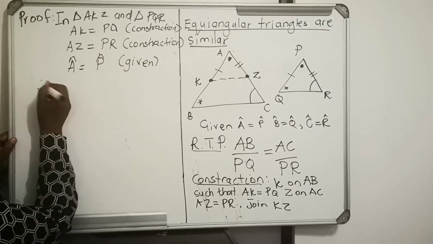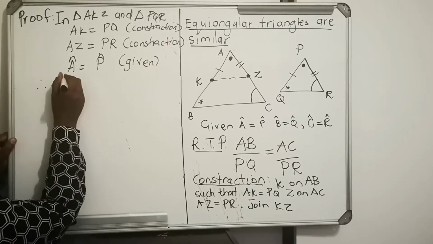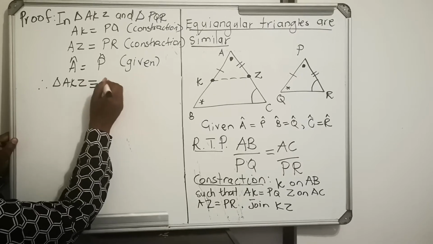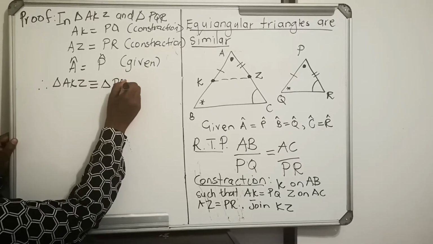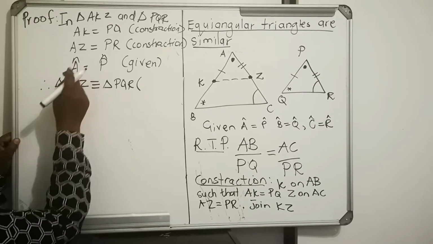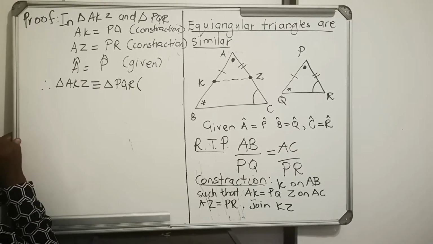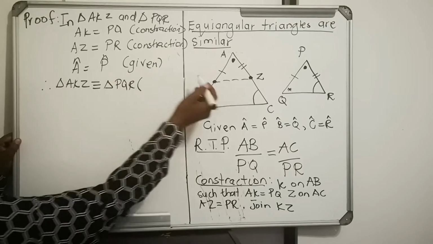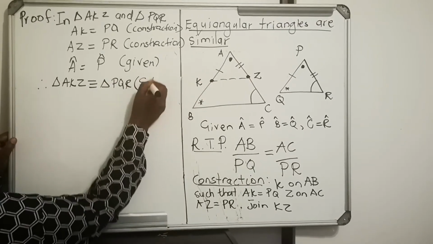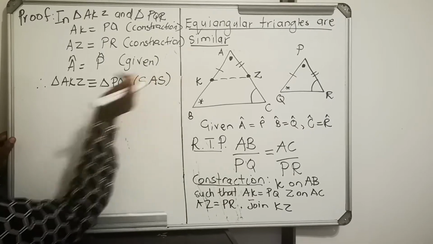Then we can say, therefore, triangle AKZ is congruent to triangle PQR. Why? We have a side, an included angle and a side. So it's side, angle, side.